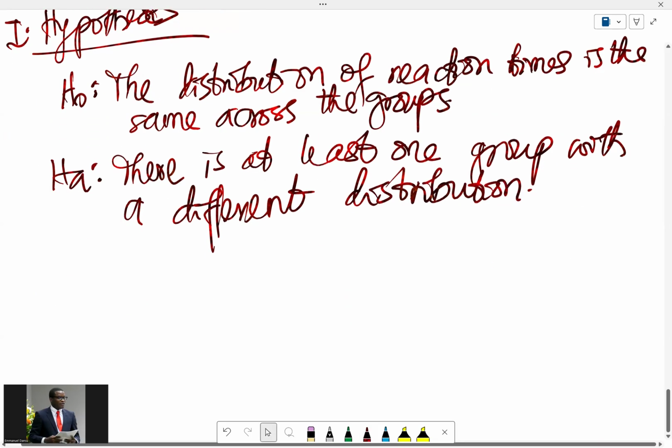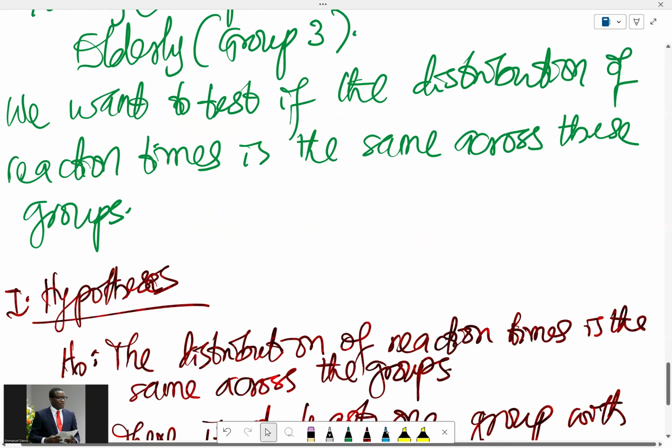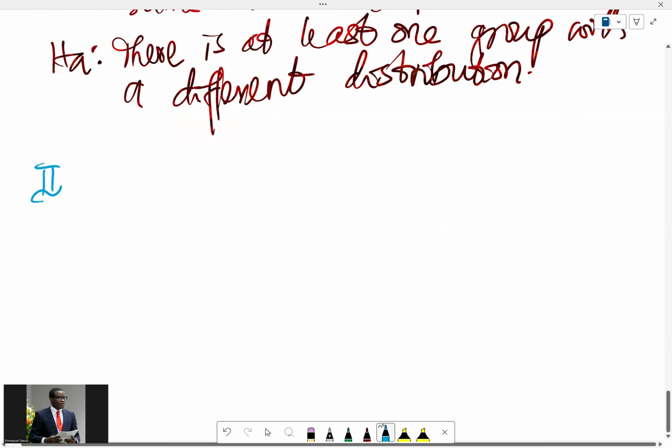So that's the alternative hypothesis. And then we move on to the second step. The second step will be to collect data.